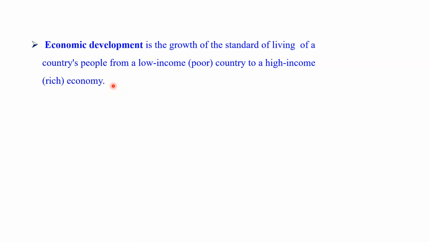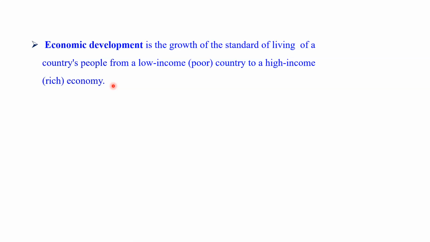See student, when the standard of living increases, it is a reflection of the increase in people's per capita income, because common people cannot purchase or utilize a high standard of living. The standard of living totally depends on that people's income. If the income is high, then definitely the standard of living is going to improve.